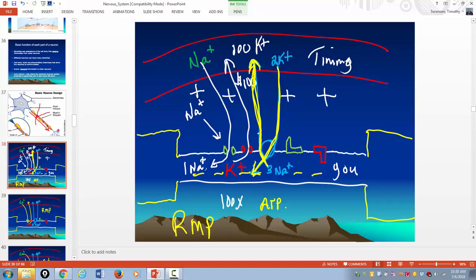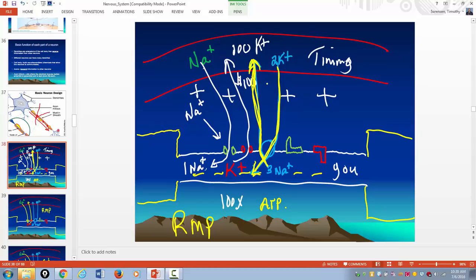And to help reestablish and maintain that resting membrane potential, you have our buddy, our pal, the sodium-potassium pump. Because it goes against the concentration gradient, that requires energy.